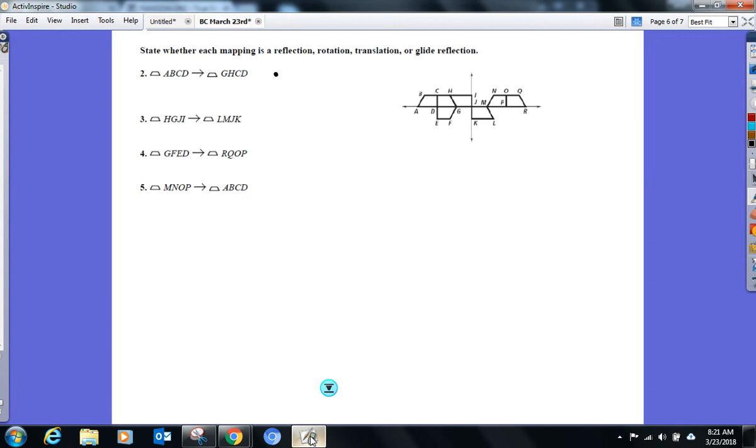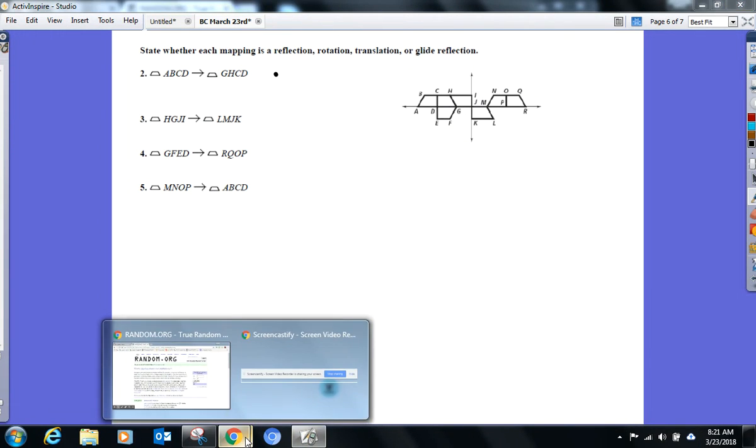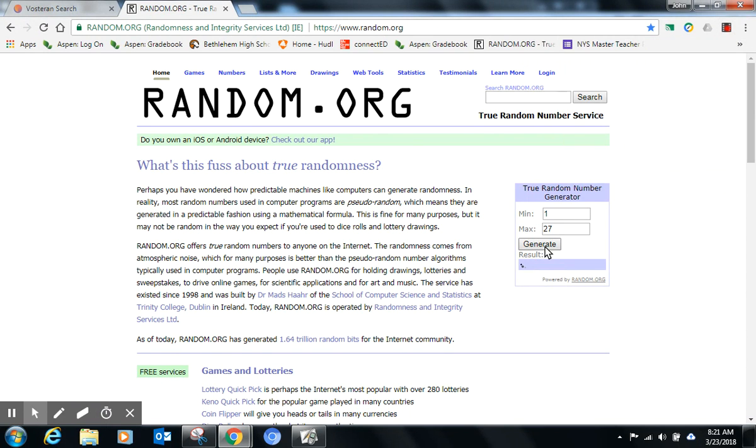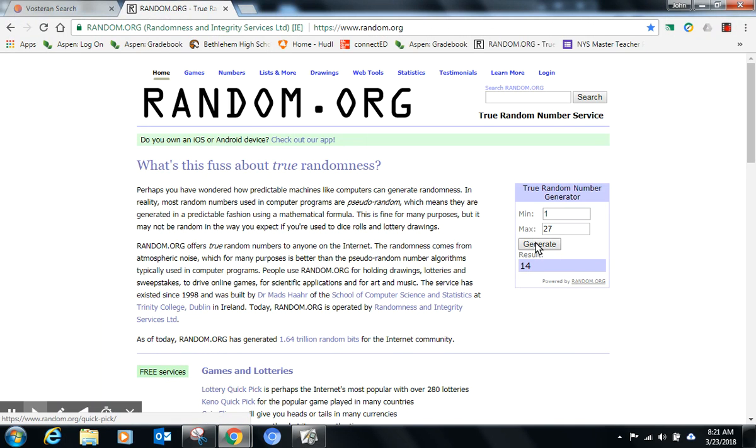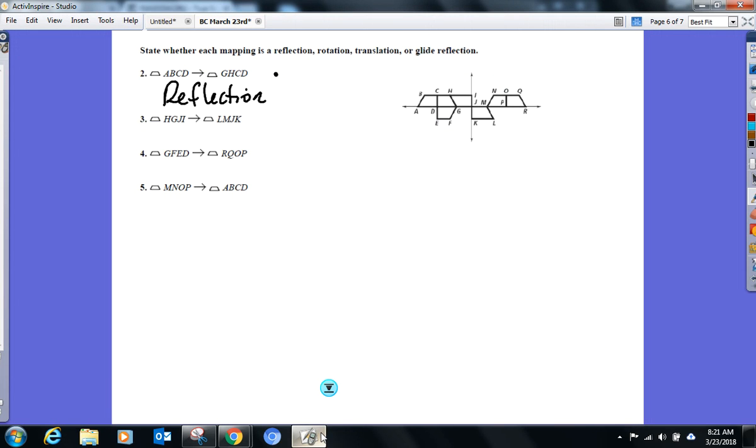How about 2? How did I get from ABCD to GHCD? I reflected. Thank you. If you have a disagreement, let me know. How about that next one? What did I do? How about 10? I did a rotation.